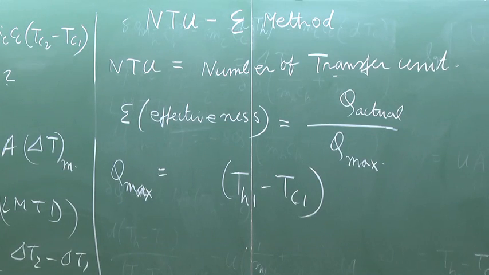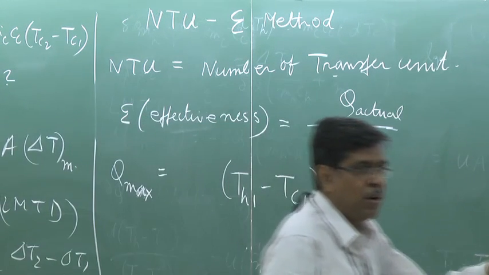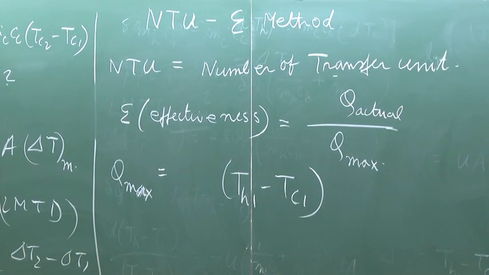Hot and cold fluid physically will not attain TH1 minus TC1 simultaneously. It depends upon their capacity, that means the product of m dot and c. The fluid for which this m dot c is minimum will reach it first. Afterwards, the heat exchanger operation will stop.